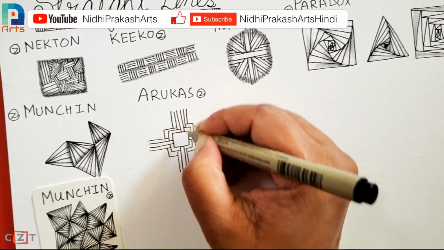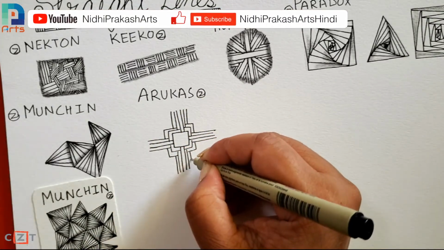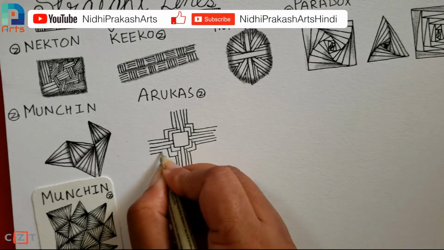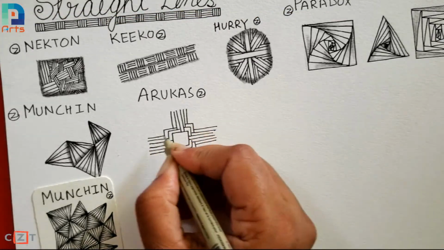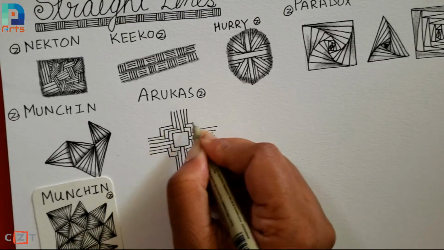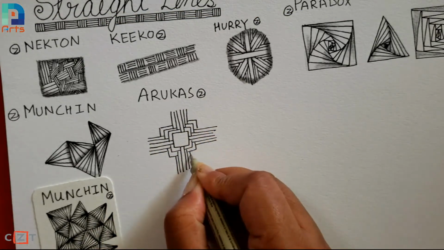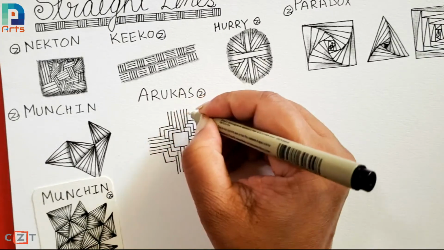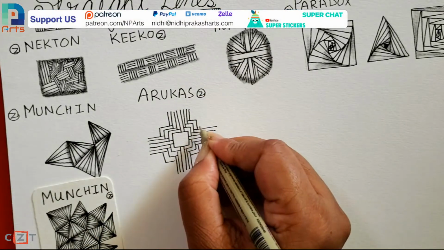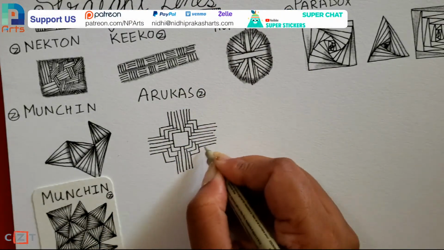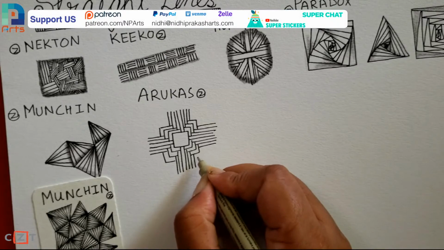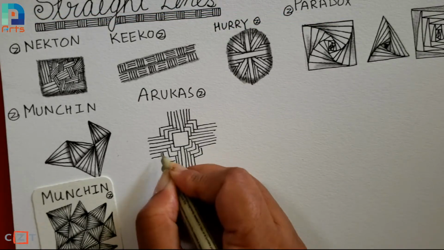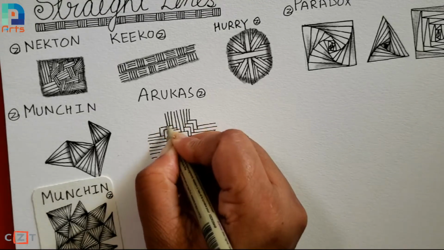There is no wavy line or curvy line or contour line. And you keep on filling this hole.